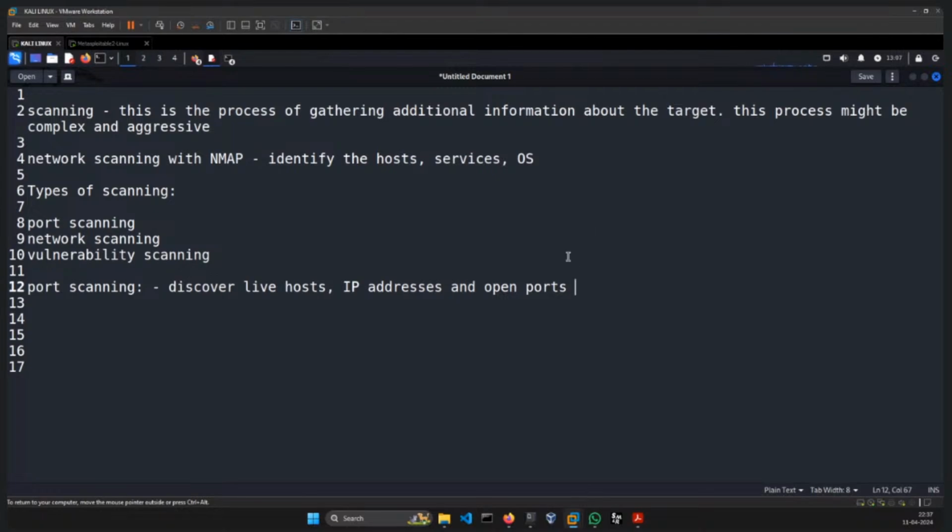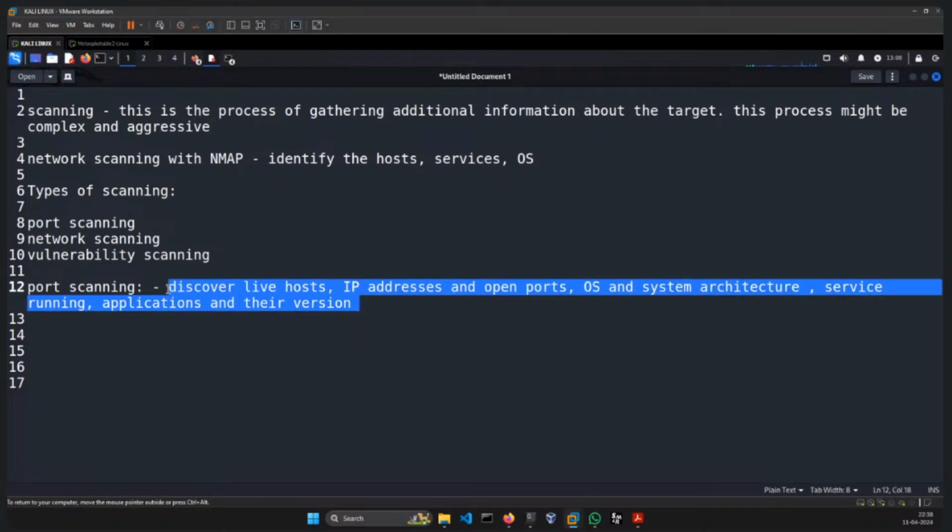Other things we can find are the OS and system architecture, the services running, and applications and their versions. So this is the basic objective of our port scanning.